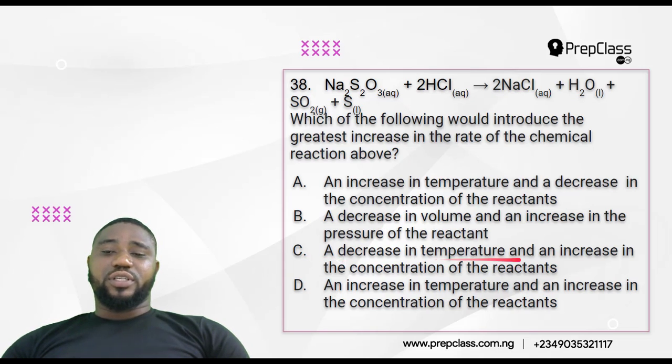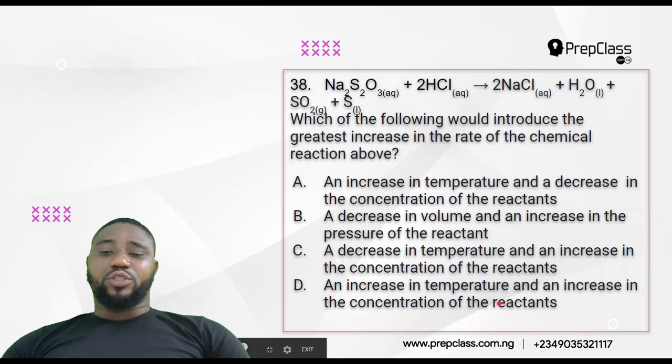C. A decrease in temperature and increase in concentration of the reactants. Of course, decrease in temperature will reduce the rate of the reaction, though increase in concentration will increase the rate. But we are looking at a case where both conditions should increase, not increase and decrease, or decrease and increase. No. So C will not work.